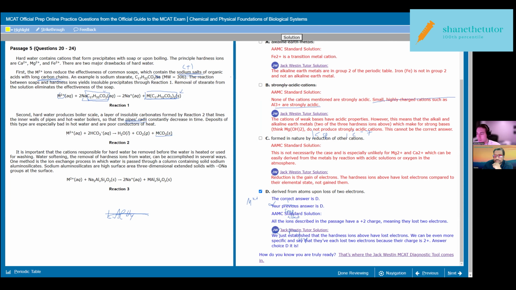Once you get to 3 plus, you're in acidic territory. So Fe3 plus is acidic, Al3 plus. So small, highly charged metal cations.